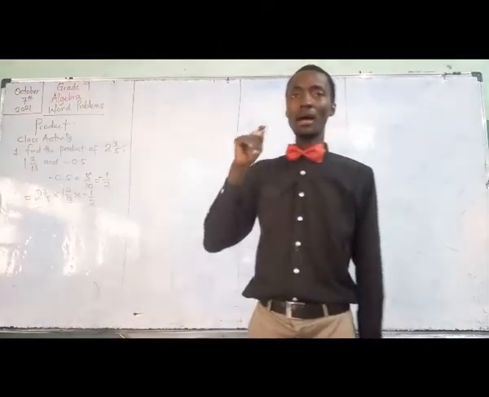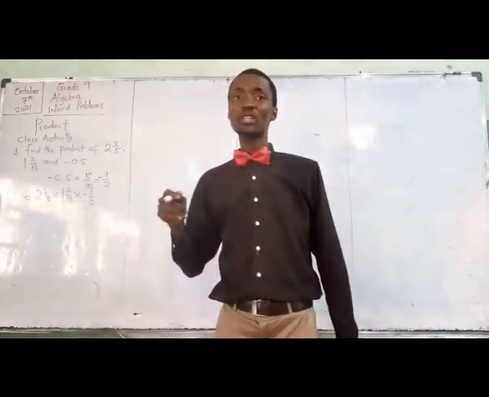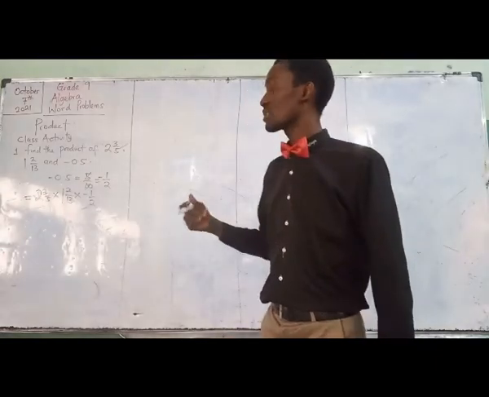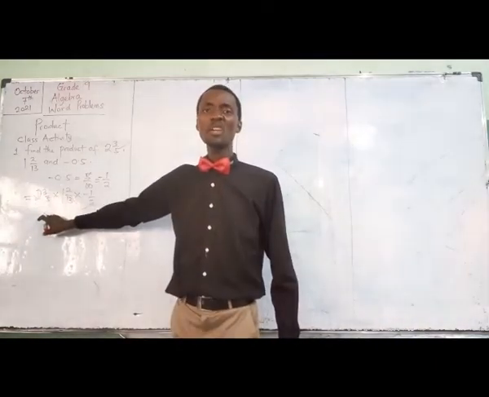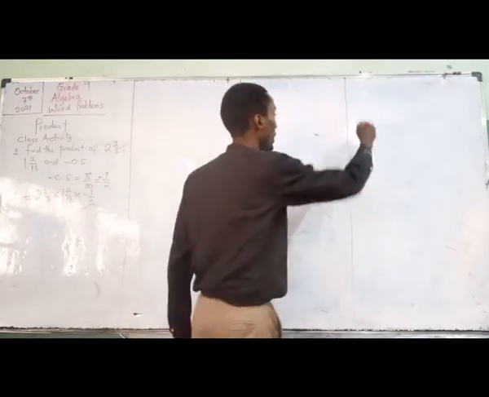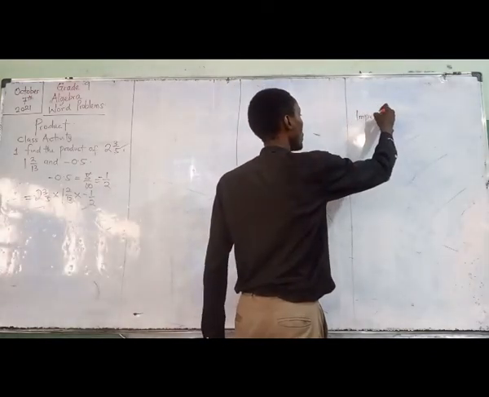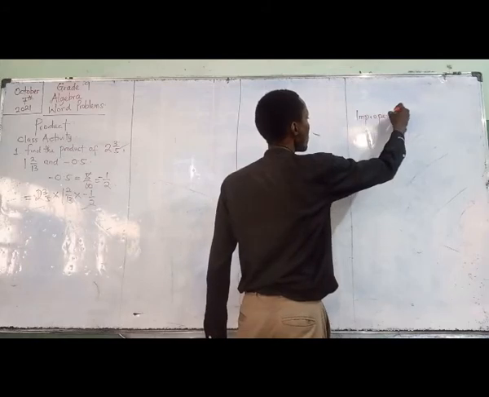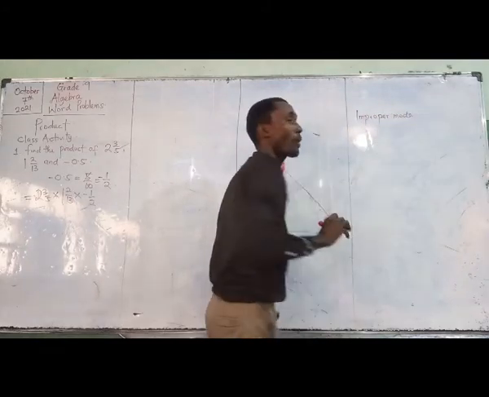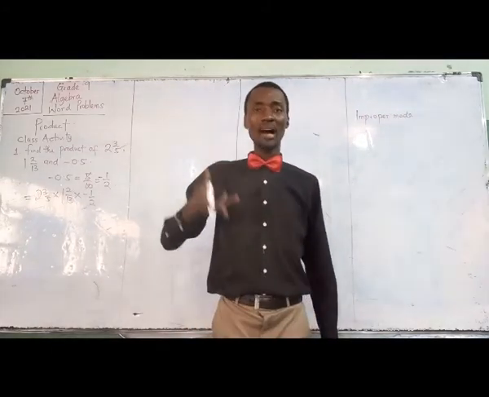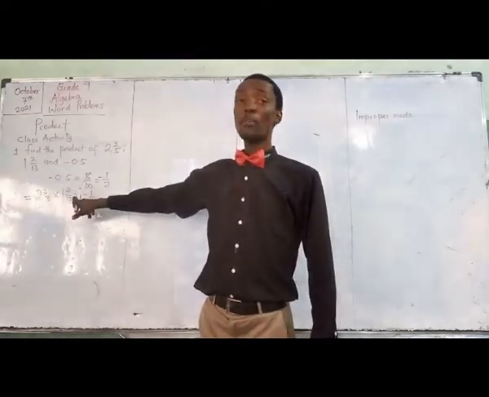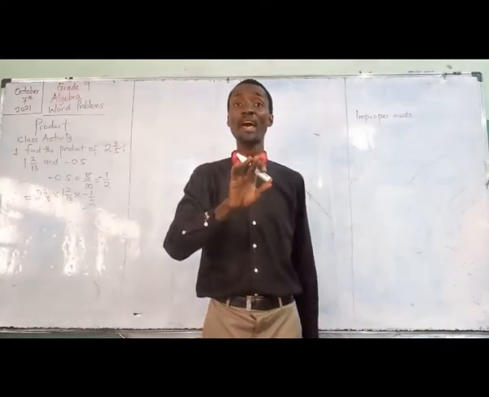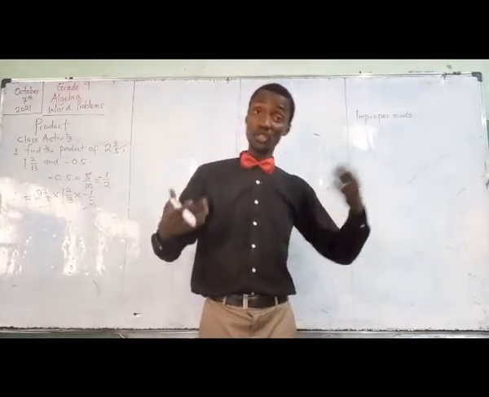Remember that in arithmetic, we have a basic rule: to multiply, we multiply in what is called the improper mode. It means that every mixed number I see, I must convert to an improper fraction. That also applies for division.